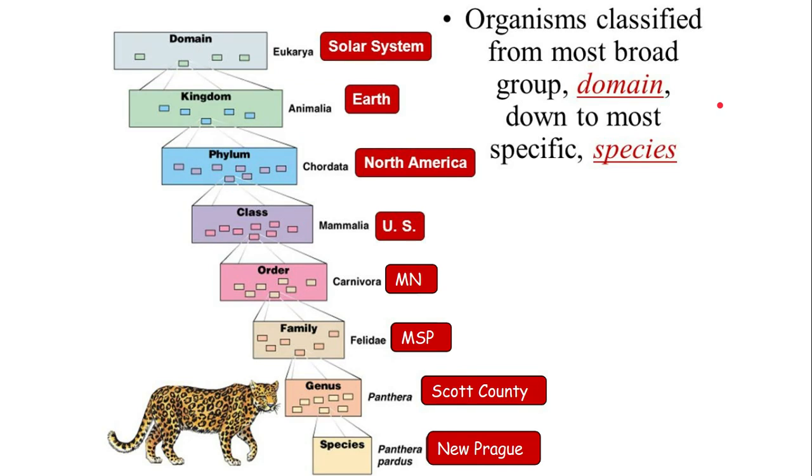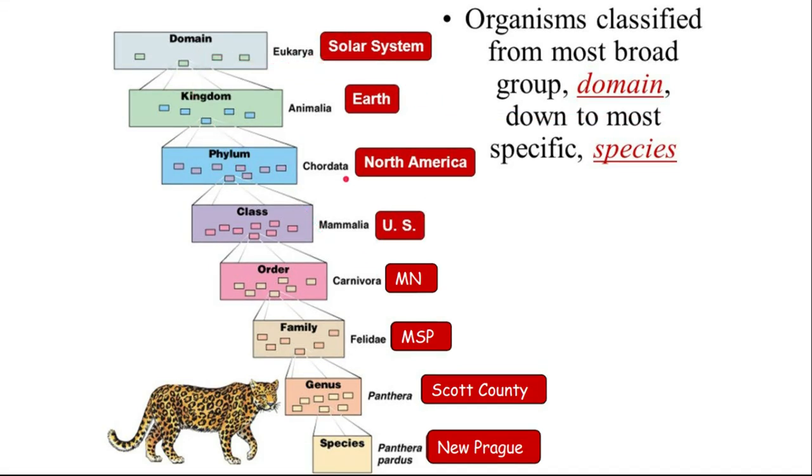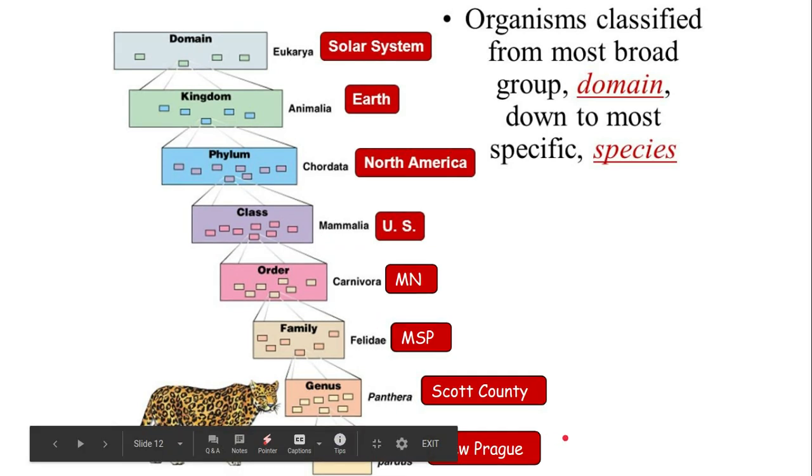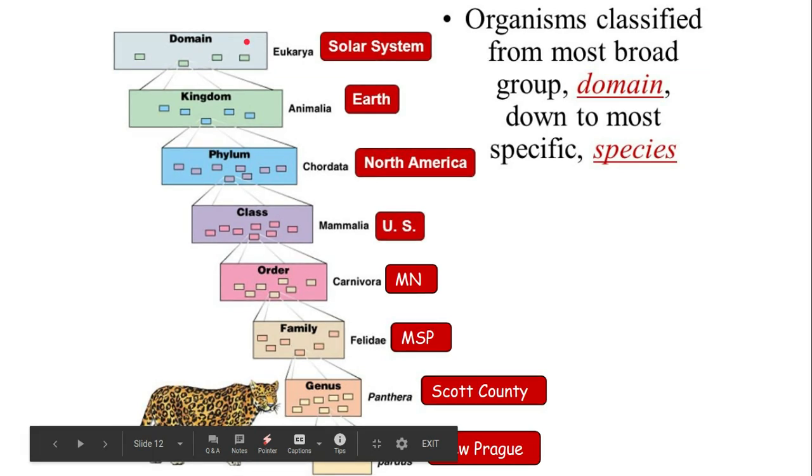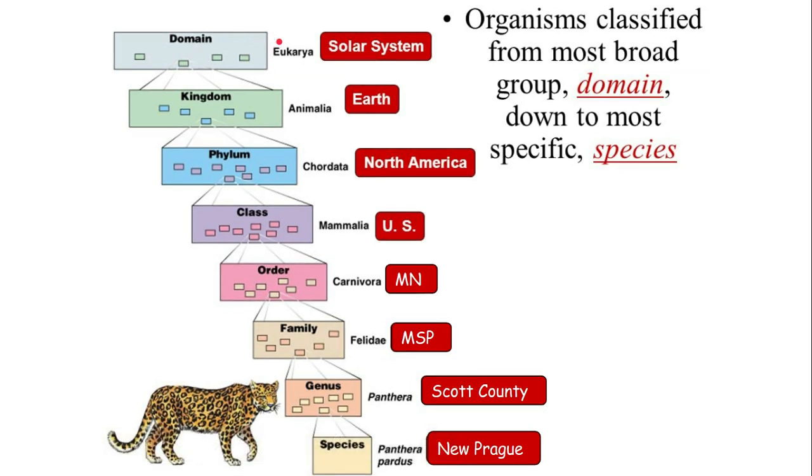We can think about this another way too. This model right here kind of shows what it would look like if we were talking about a city or a place. So the domain for any living thing would kind of be like the solar system, right? The solar system is the biggest, most broad way we can talk about space, okay? If I want to get more specific, moving down, I could go to a kingdom, like for this one, it's Animalia.